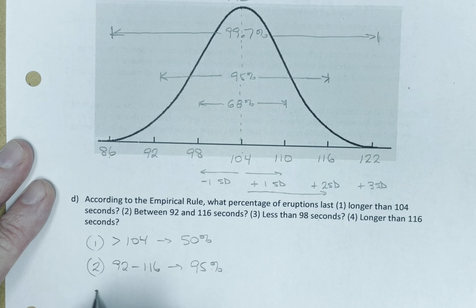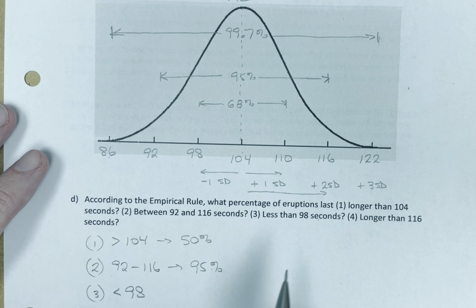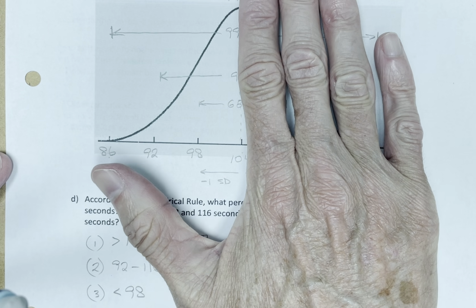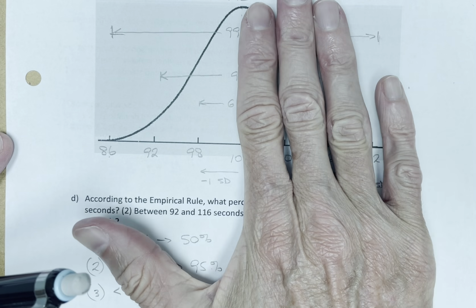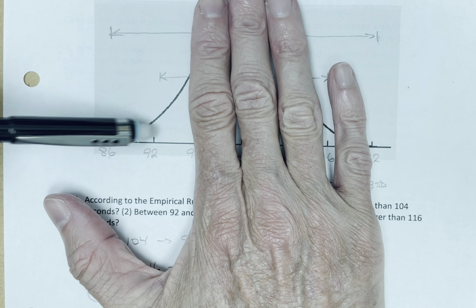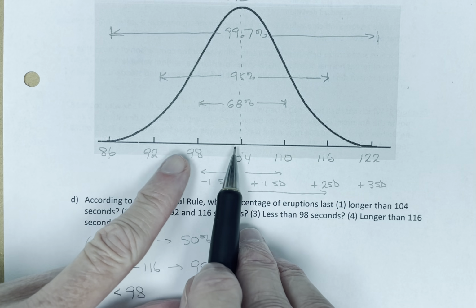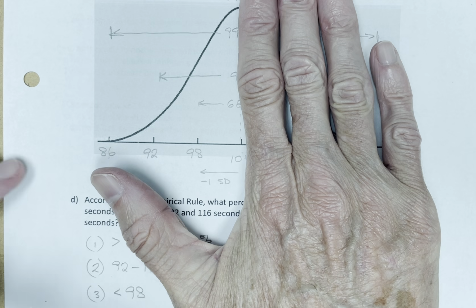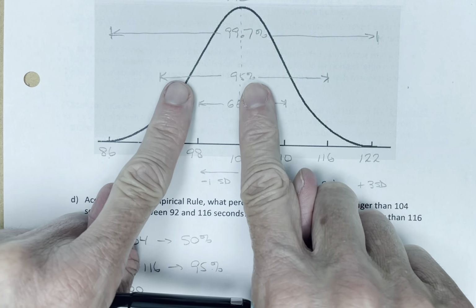Less than 98. A little trickier to figure out. We know that this half is 50%, but we want to be less than here. We want to be over here in this area. We can do it mathematically: this is 50, and we know this part is 34 because this is half of the 68.